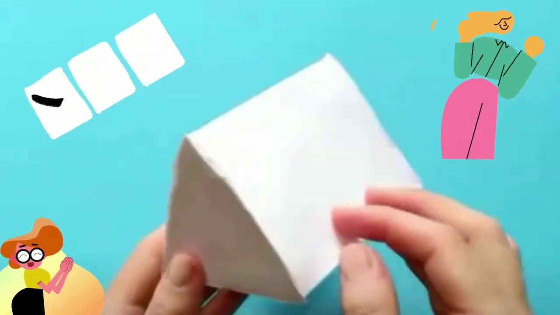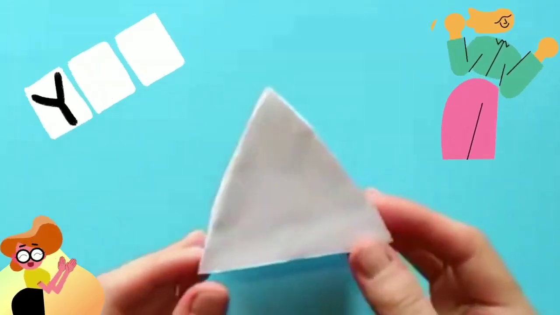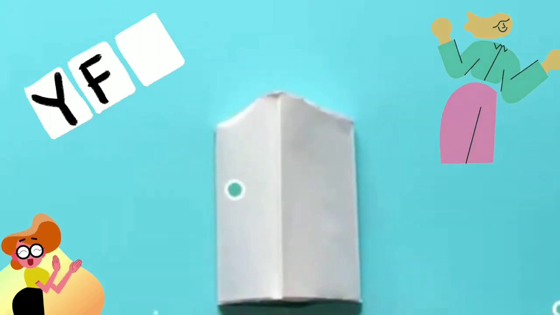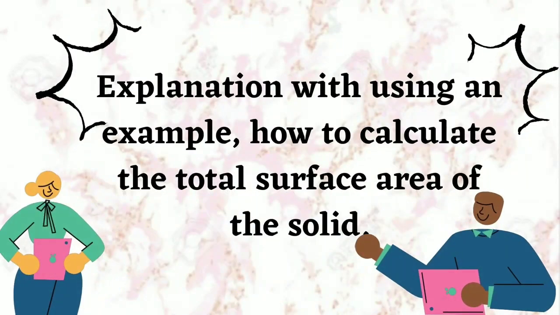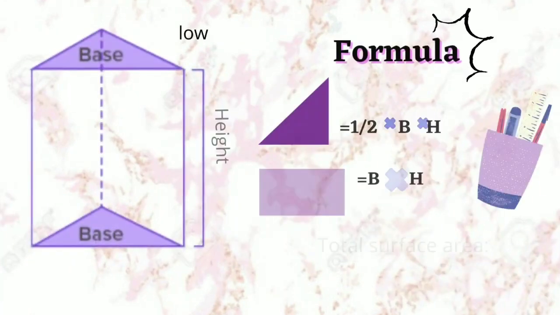And voila, we have a triangle-based prism. Now we're going to learn how to calculate the surface area of the triangle-based prism.